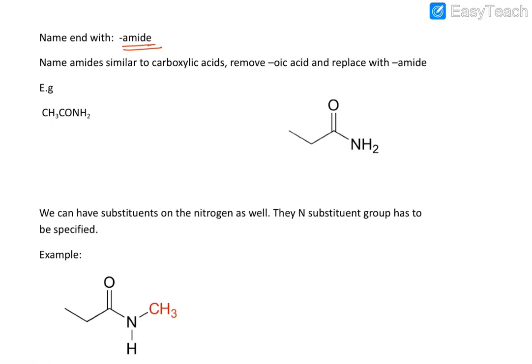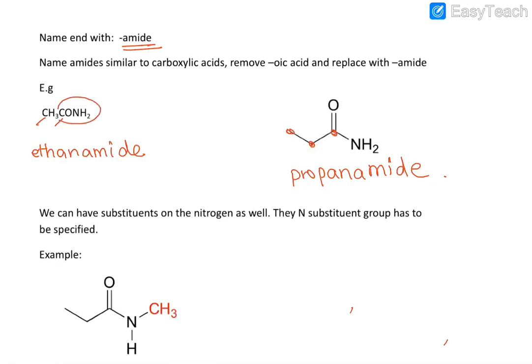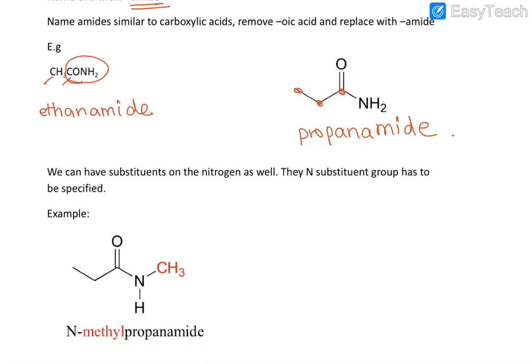So for example, here I have 1, 2, 3 carbons. So 3 carbons, this is propanamide. So instead of propanoic acid, propanamide. Here I have 1, 2, so this is ethanamide. So you can see the carboxyamide group here.